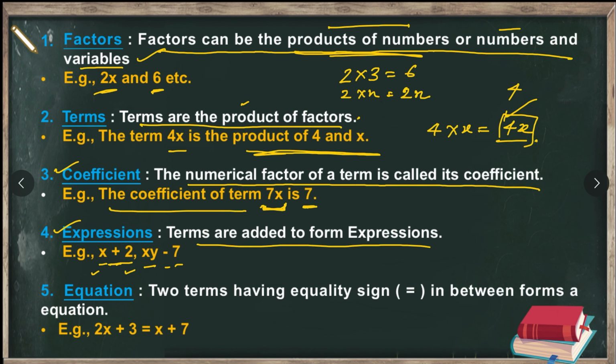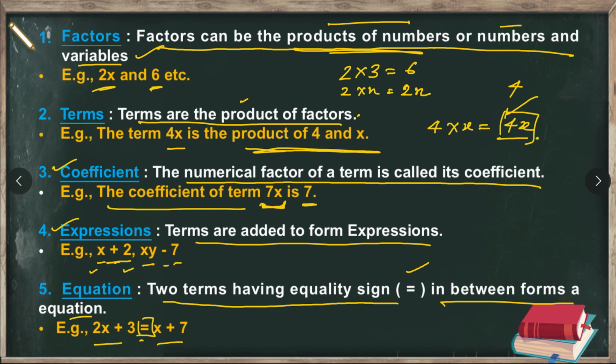Next we have equation. An equation is two expressions having an equality sign in between. If we put an equality sign in between the two terms, then it will become an equation. So first we had factors.